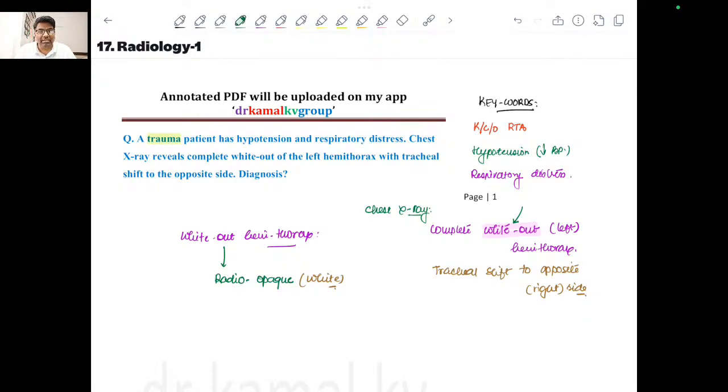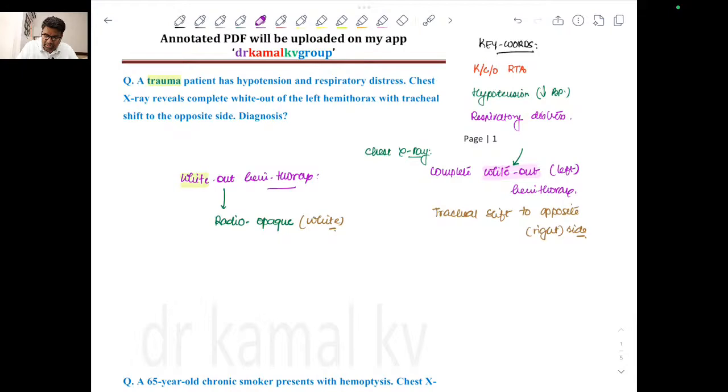Otherwise, all words are taking you towards pneumothorax, right? So, this is the only hint which is telling you that this is not a case of pneumothorax. Here there is radiopacity, and whenever there is radiopacity, it means either there is fluid or maybe blood. So, based on this, your diagnosis will become pleural effusion, right? This is very important from exam point of view.